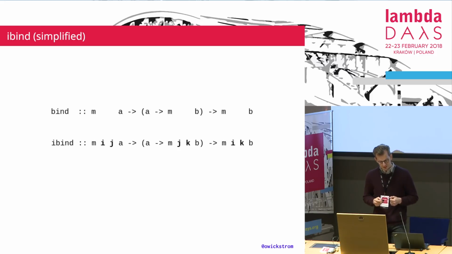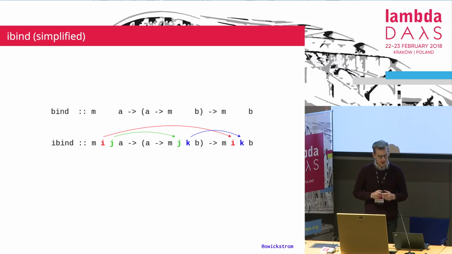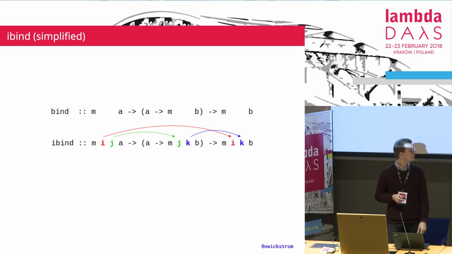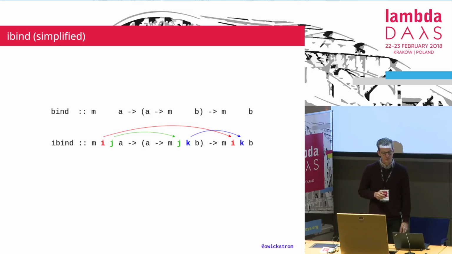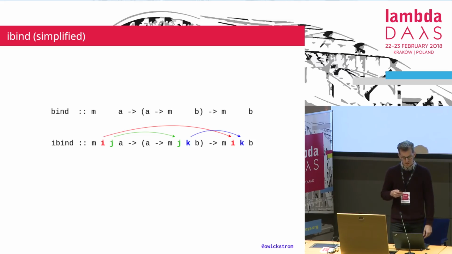Okay, we have a bunch of new things going on here. I, J, and K all over. So what's going on? This looks a bit messy, right? A lot of letters everywhere. The input of the first monadic computation, that's the left one, the input type is the input of the resulting monadic computation.